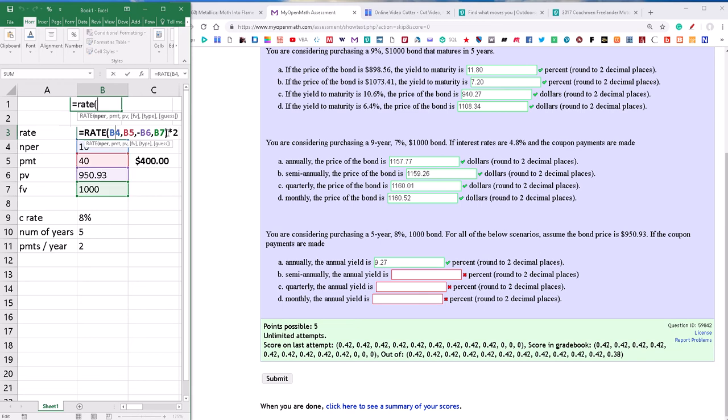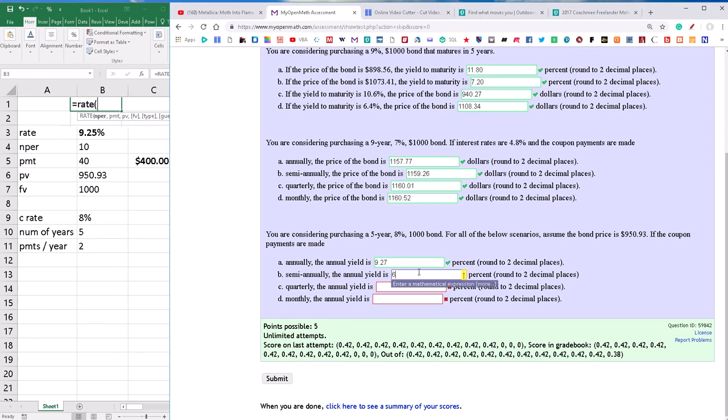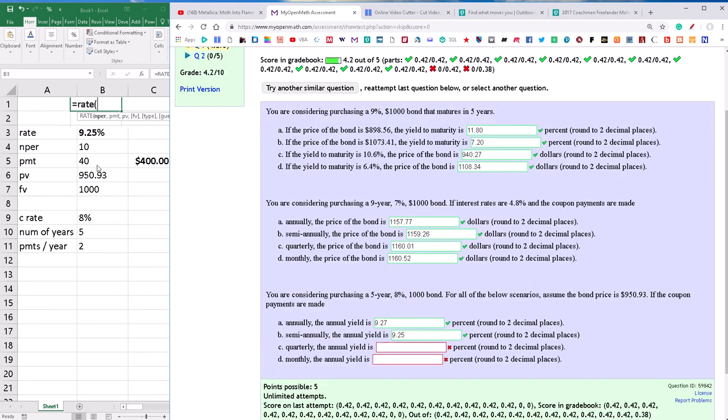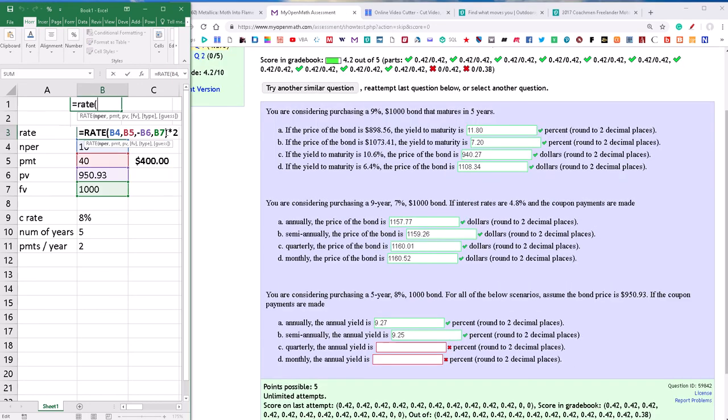So this would be what we get every 6 months. This is what we get every year. Okay, so 9.25%. Okay. Now, instead of typing times 2 there, I'm going to highlight the 2 and then click on the 2 down here.